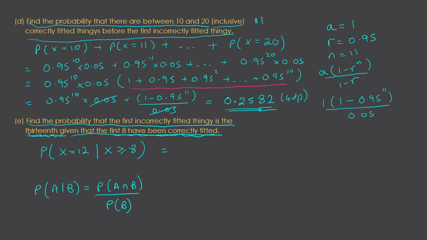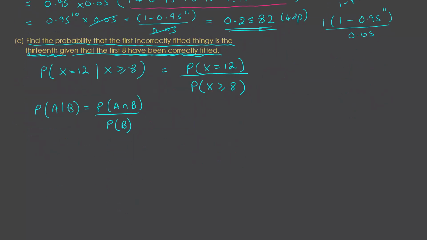So this one here, well, for both things to be true, it's just simply the probability that x is equal to 12. And on the bottom, we've got the probability of x being greater than or equal to 8. So let's look at that idea.